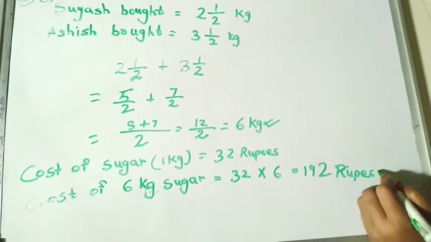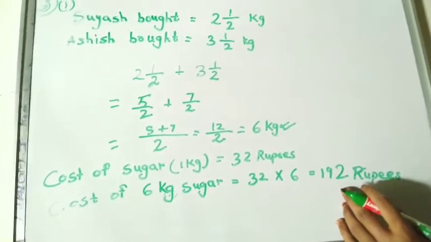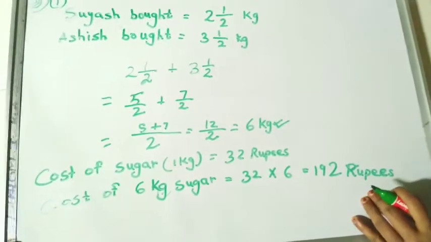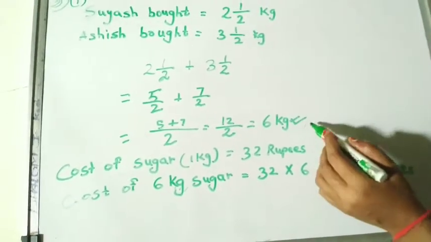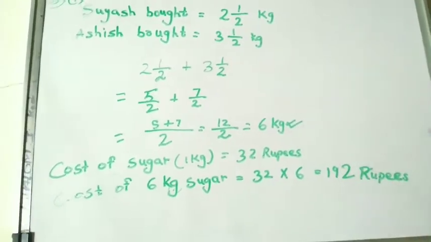The cost of 6 kg sugar is equal to 192 rupees, and the total sugar is 6 kg. I think all are understood. Next number.